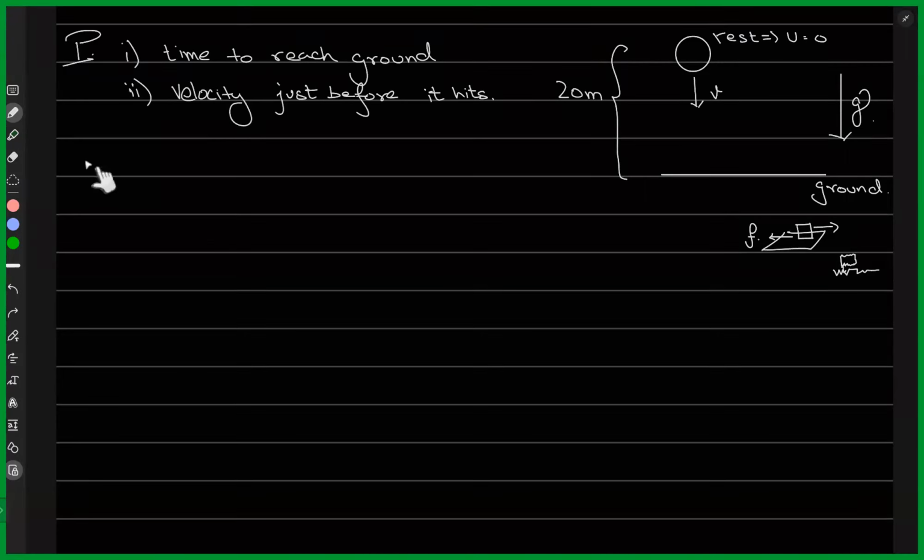So what we'll do is write down some of the things that we have. We have u is 0. We have the displacement that it's covering as 20 meters. We have the acceleration due to gravity, which is 9.81 meters per second squared. Are these variables enough to find time?